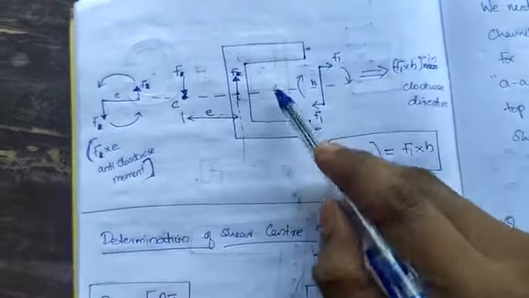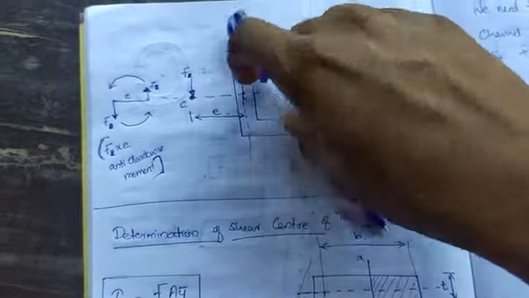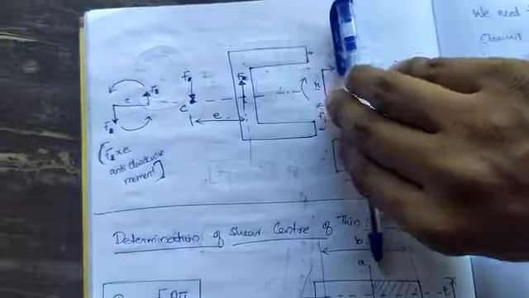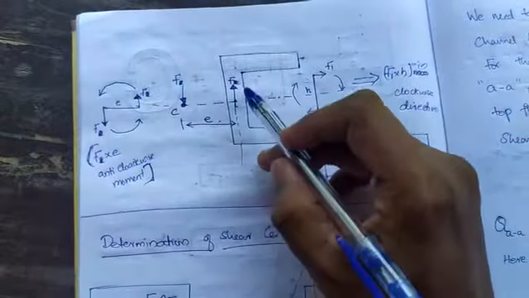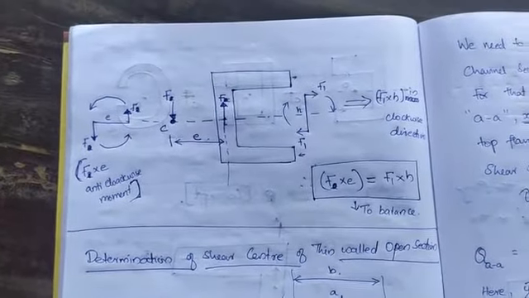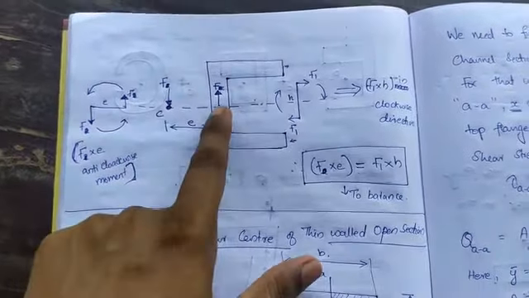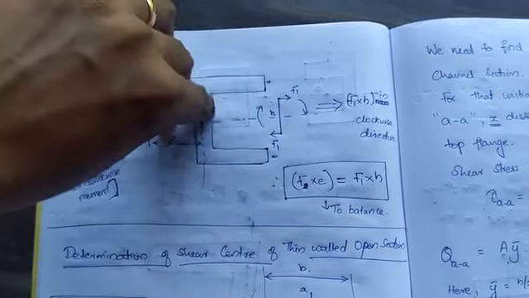If you take the force here, it will rotate clockwise, and this one is also clockwise, so the system will not remain the same. So for that case, we take the shear center point along its left side.